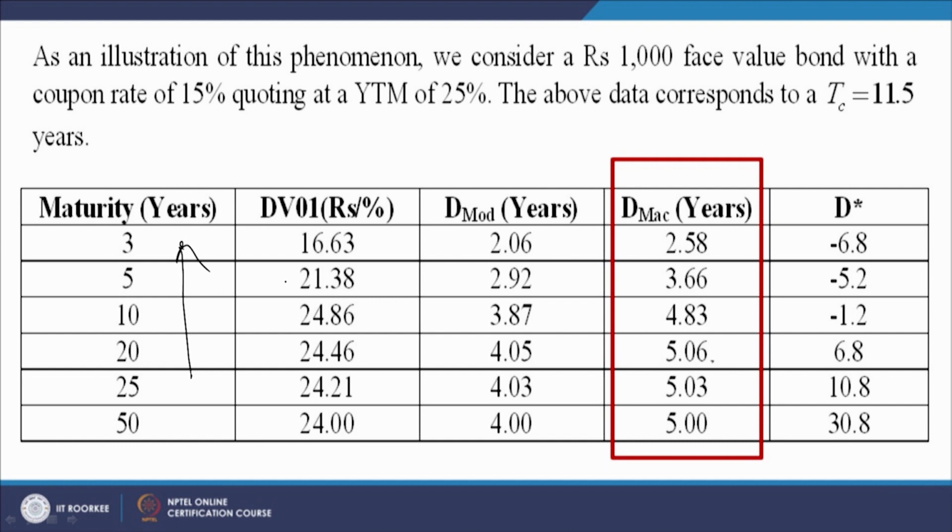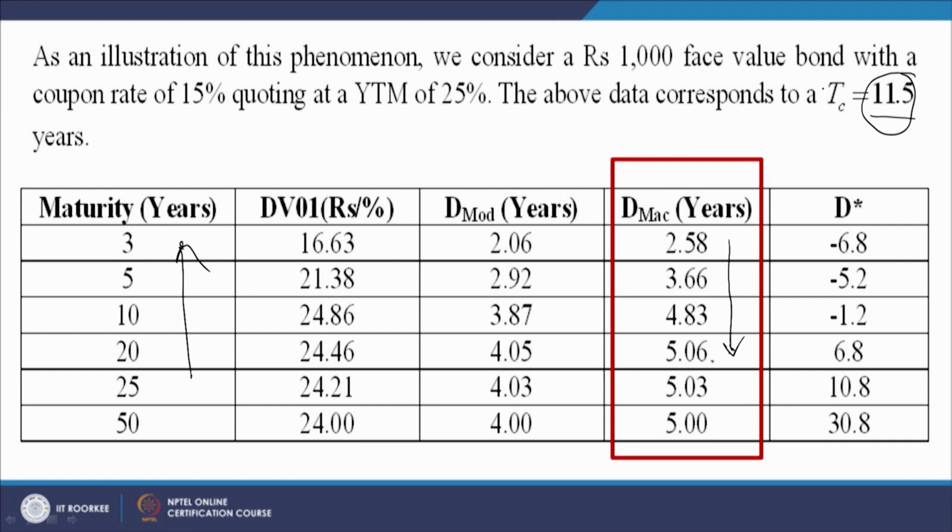You can see here initially the DMAC is increasing, up to 5.06, and then it starts decreasing: 5.03 and 5.00. So, the interesting part here is that in this case the critical maturity, or the maturity that corresponds to the critical duration, turns out to be 11.5 years. So, up to 11.5 years the duration increases, and beyond 11.5 year maturity the duration starts decreasing.